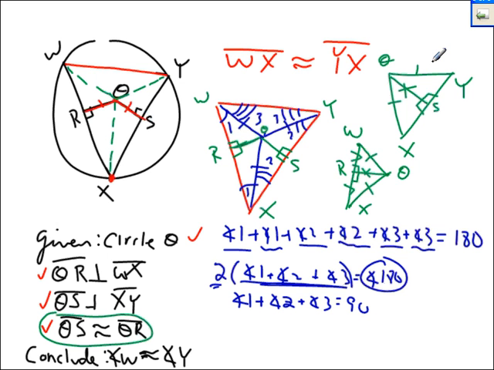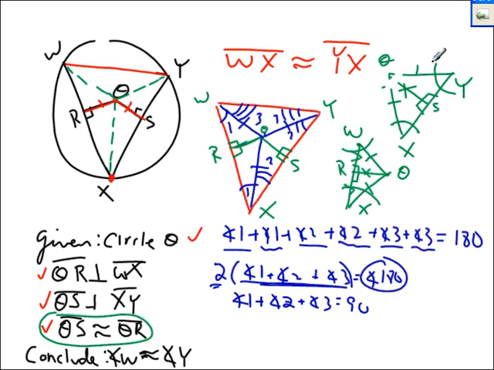Okay, so what does that tell me? That tells me that angle X and angle W, they're the same, and so are X and Y. I think I did more than I needed to.